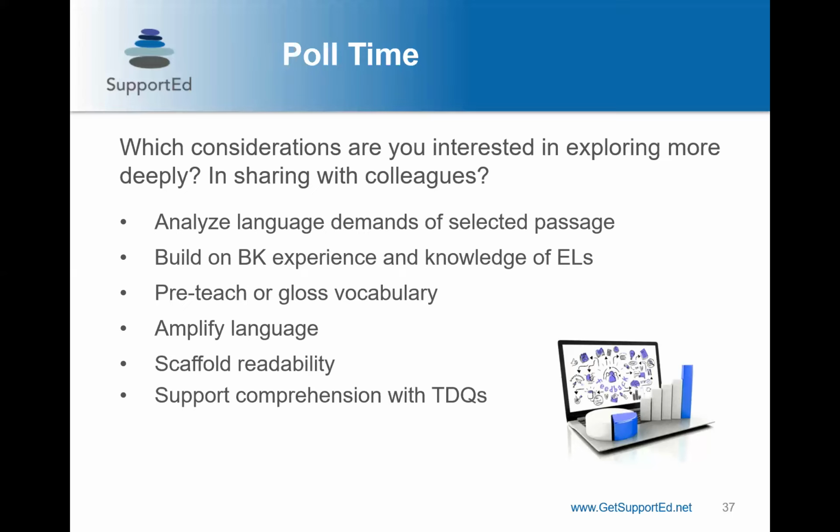All right, and here we have results. Oh, our winner is scaffolding readability. Interesting, that's great. And second is amplifying language. Neat. So if you have any ideas that you want to share about those 2 or other items, please do so in the chat and also on Padlet. Thank you so much.